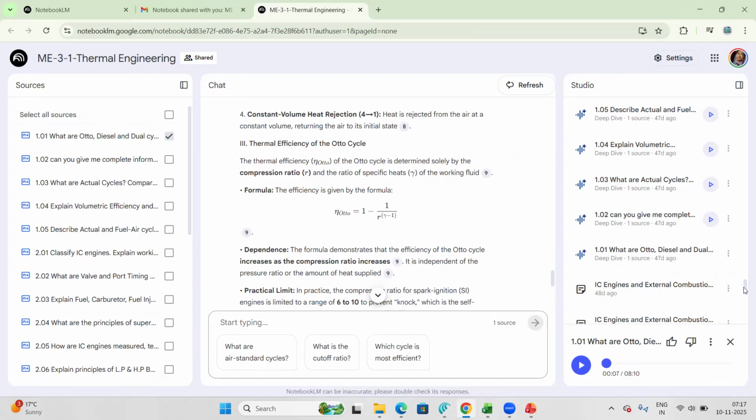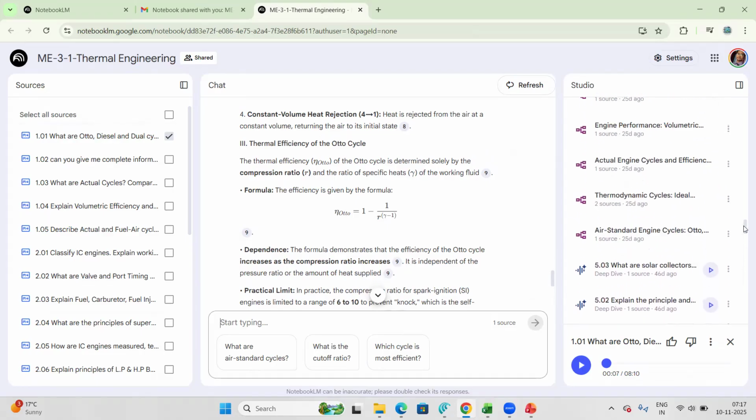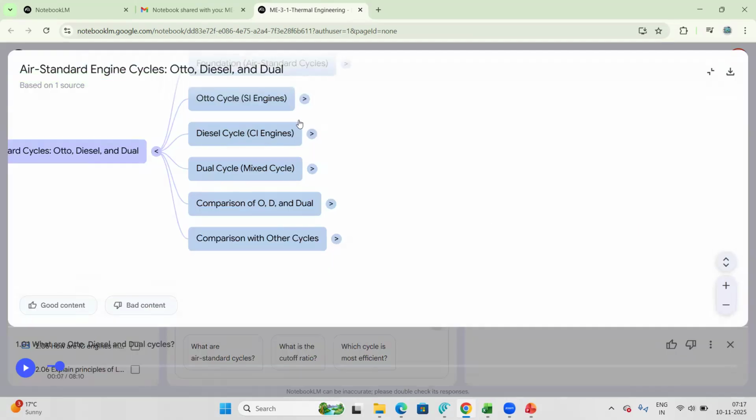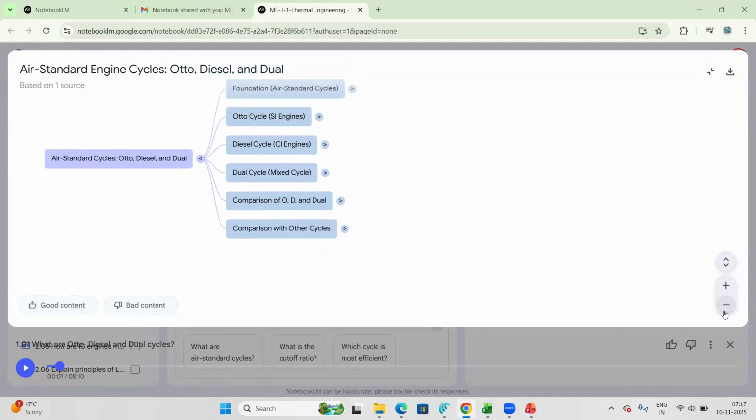Along with this, you'll have a mind map. This mind map will help you quickly identify what topics are there in this question. In our local language, we call them subheadings, right? What are the major parts we have in a question?